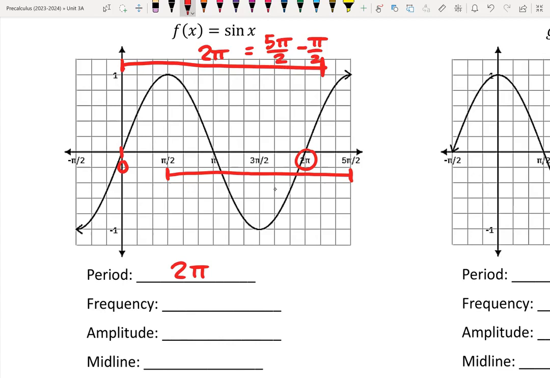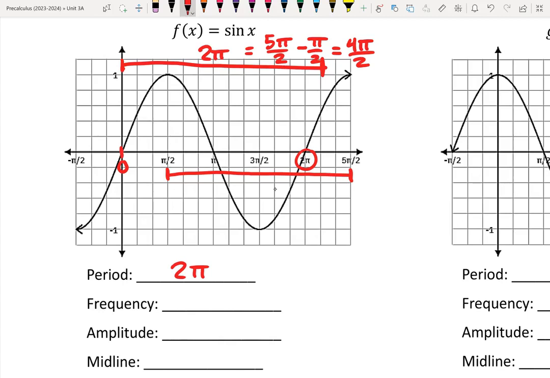What is 5 pi over 2 minus 1 pi over 2? 4 pi over 2, and 4 pi over 2 reduces to 2 pi, which is the same thing. Okay? So, a period is a distance of 2 pi.